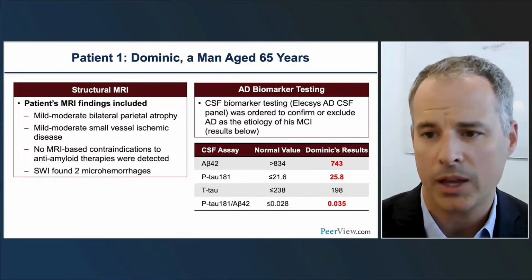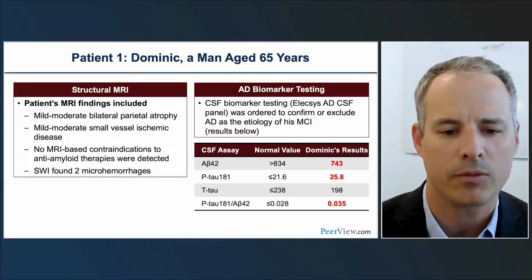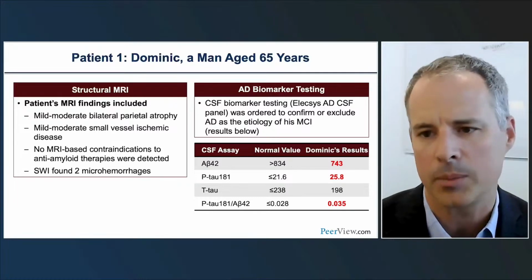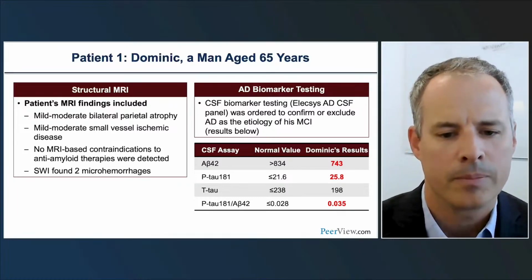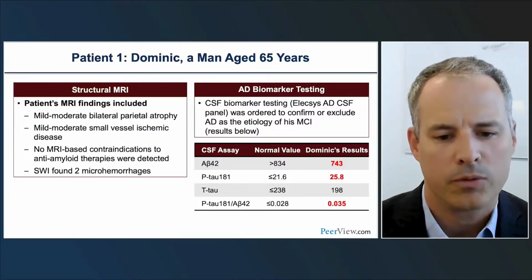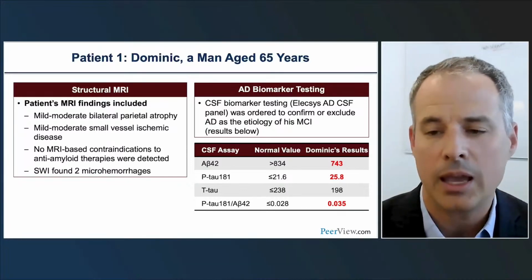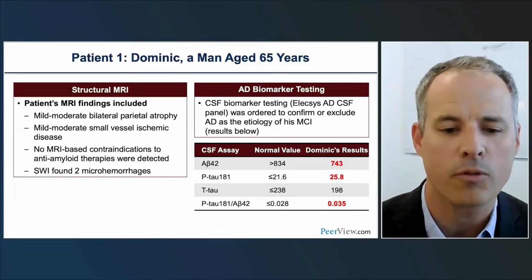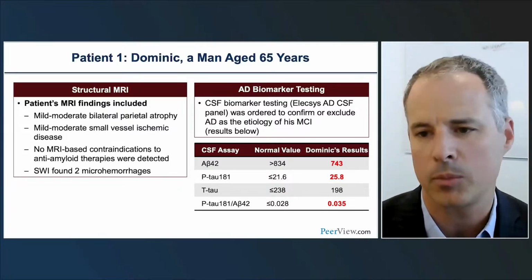To confirm his diagnosis, he was sent for a lumbar puncture and CSF biomarkers using the Elecsys AD CSF panel, which is a commonly used panel. He was found to have a biomarker profile which is consistent with Alzheimer's disease pathology.